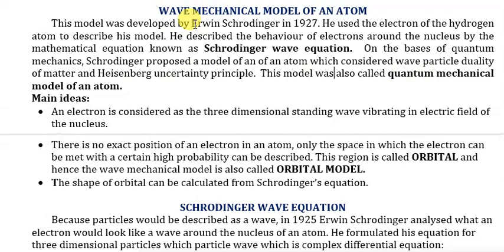And the main ideas of this model: first, an electron is considered as a three-dimensional standing wave vibrating in the electric field of the nucleus. Kwa hiyo electron anakuwa ni standing wave. Tutaenda kusoma kwenye waves ya physics. Standing waves ni waves za aina gani? A standing wave inaweza kuwa wave ambayo inaonekana kama inaenda hivi, lakini baadaye inarudi tena.